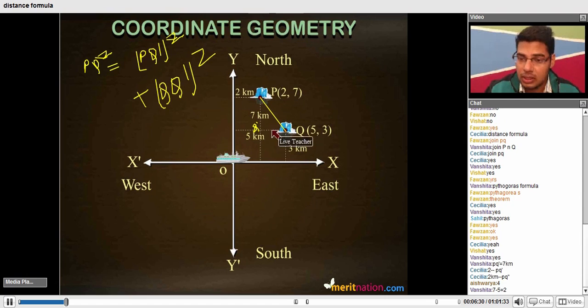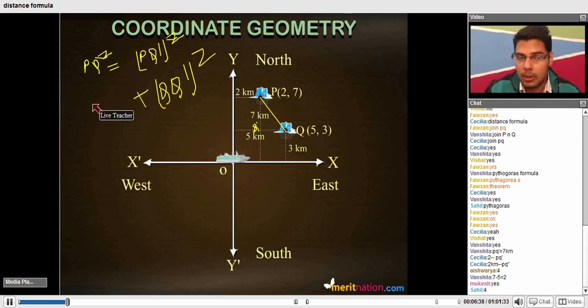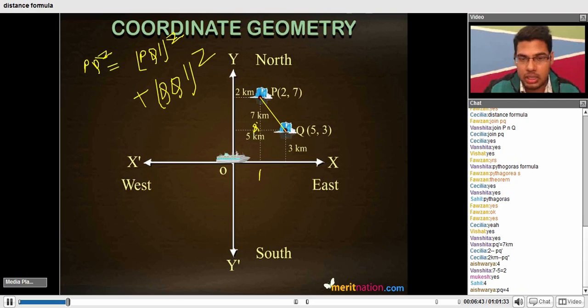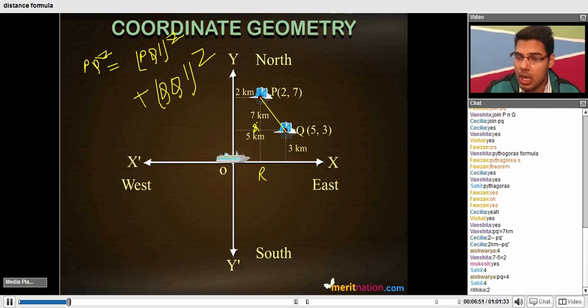So basically we have to find out this distance, which is PQ dash. And let us mark this point. Let us say this is R. So can we say that PQ dash is simply nothing but PR minus Q dash R? Yes.